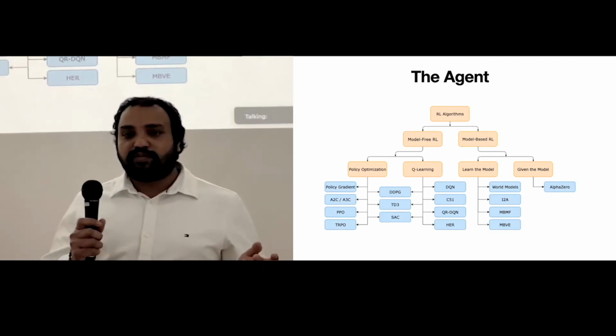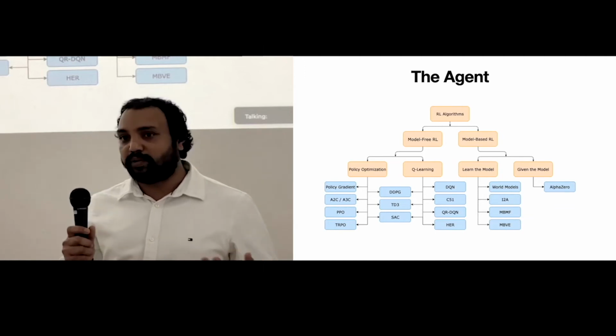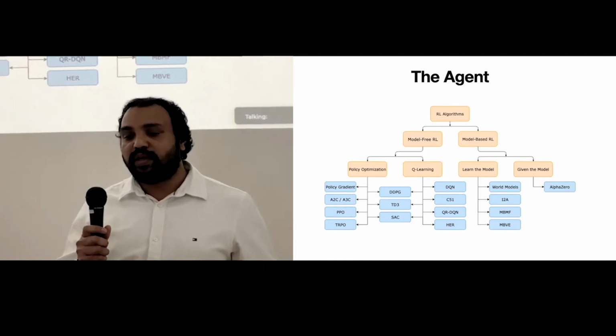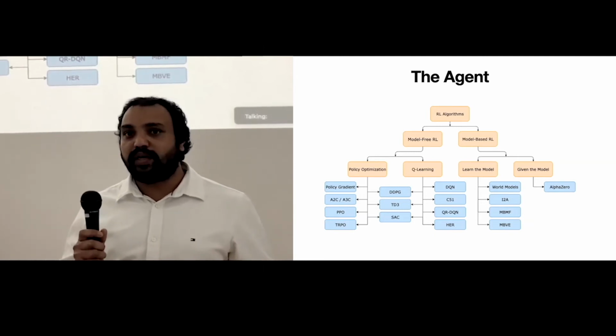And under model free, we have 2 types: one is policy optimization and the other is Q learning. And in model based, we have learn the model and given the model. So in our case, we have selected the actor critic algorithm by doing a lot of research.